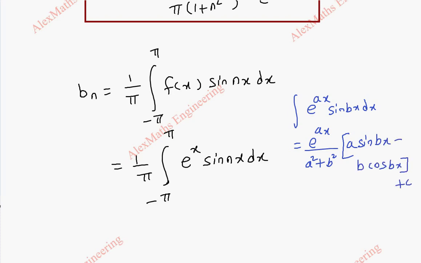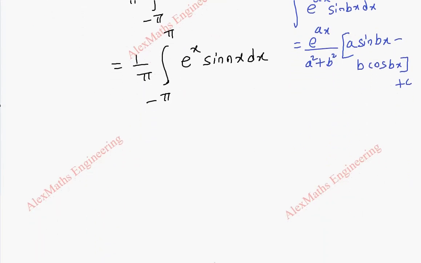Here we don't use plus c because we have limits. So this becomes 1 by pi, e power x, where a is 1. We are just writing the formula, so there is no need to put the integral sign.